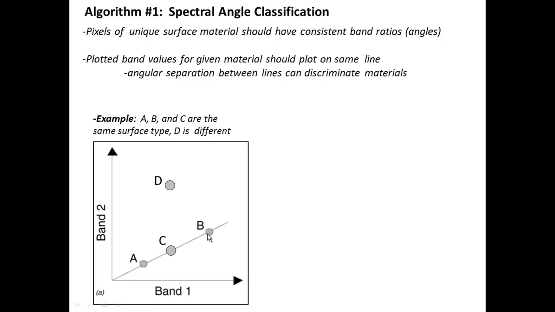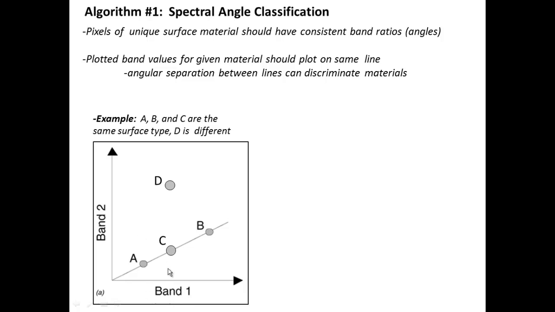Effectively, what this means is that pixels A, B, and C all have the same relative reflectances, just scaled up or down linearly. Another way to think about this is that all 3 of these points have the exact same ratio of band 2 over band 1.